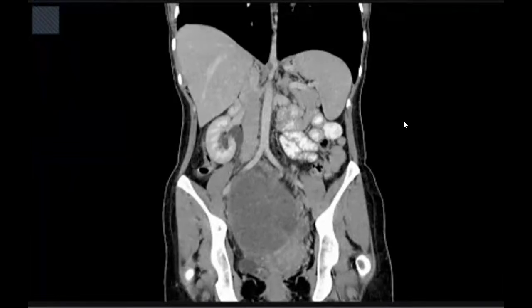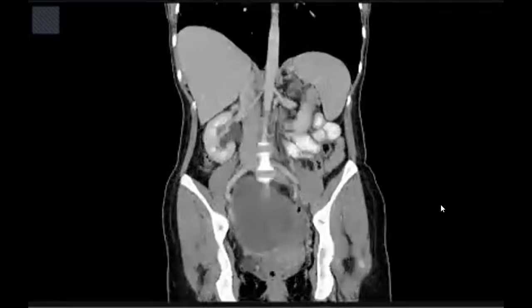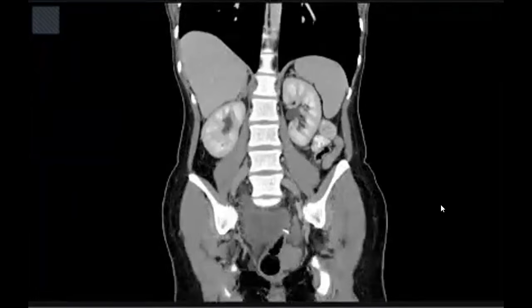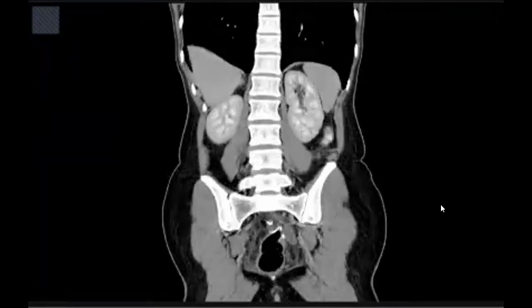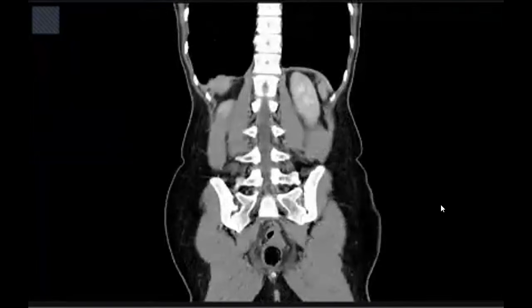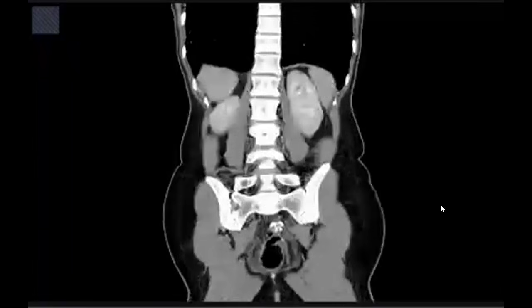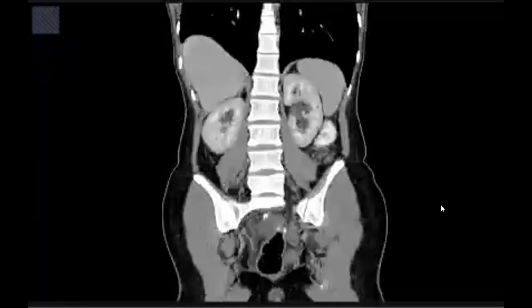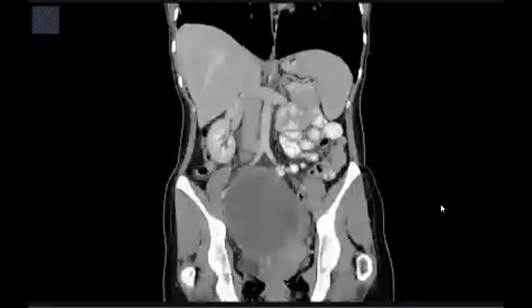This patient is a 40-year-old female who came with abdominal pain. I am presented with a coronal abdomen CT with IV contrast. I will scroll through the images till the last cut.